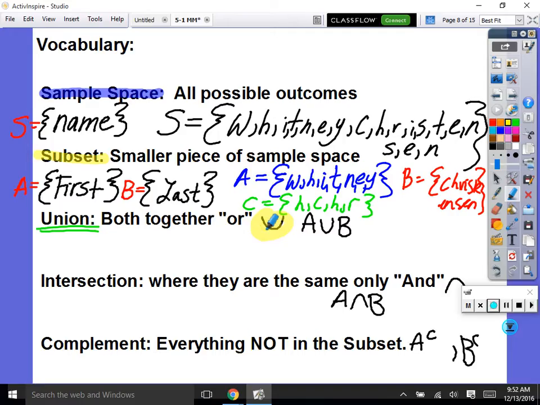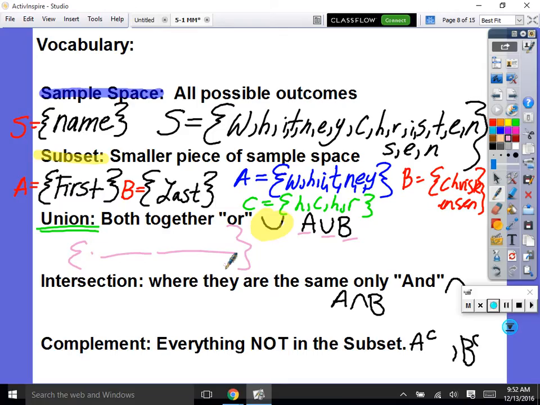So if I said unite subset A and B, that would be putting my first name and last name back together. Does everybody understand? I'm uniting them back together. So it's taking two different subsets and unioning them. So you'll see it written like this. If I said A united with B, we're unioning them together. We would put them back together, Whitney Christensen. That would be a union. Everybody understand?